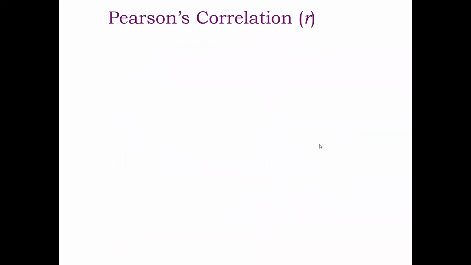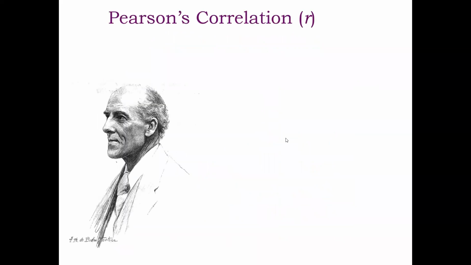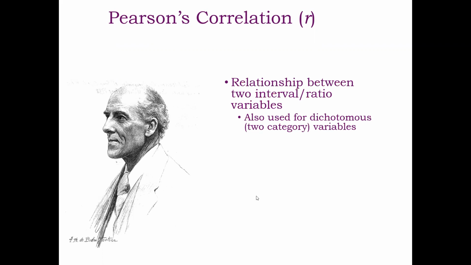Pearson's correlation is used for continuous data, scale or interval ratio variables, such as self-report moral identity and aggression. Karl Pearson created this, okay? The Pearson's correlation coefficient is used to estimate the relationship between two interval ratio variables.